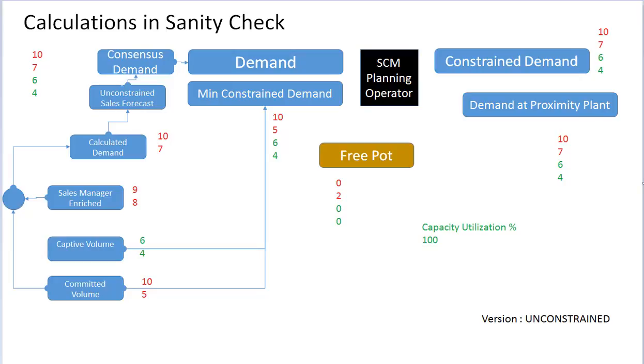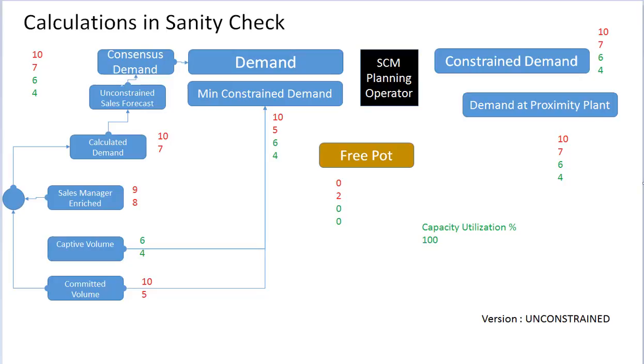In this case, also, it's important to remember that the heuristic will calculate a capacity utilization percentage that the planner can interpret to see if there is a need to make any adjustment in the inputs to the supply plan.